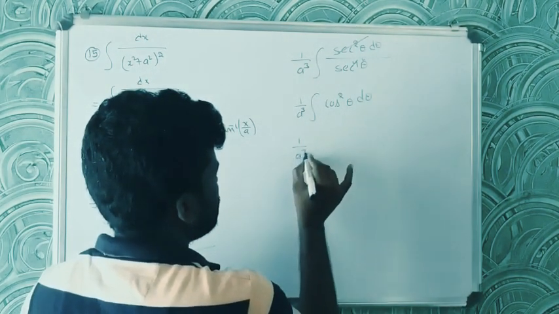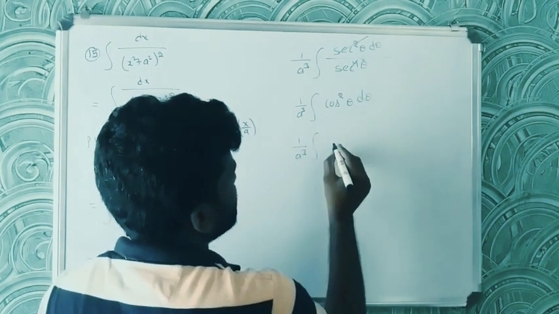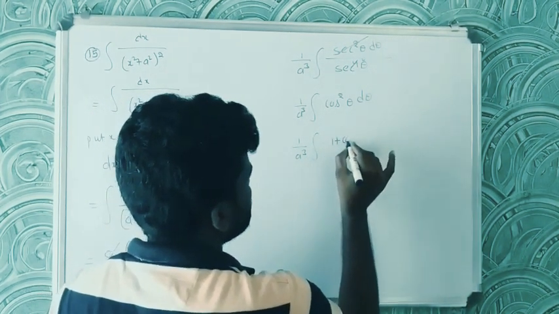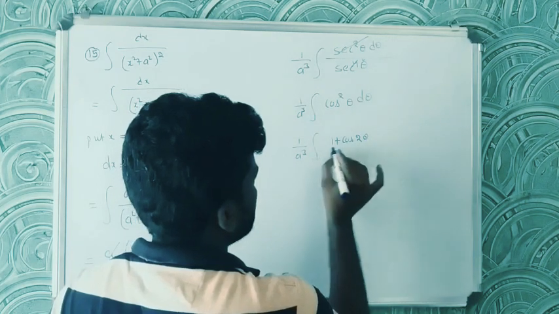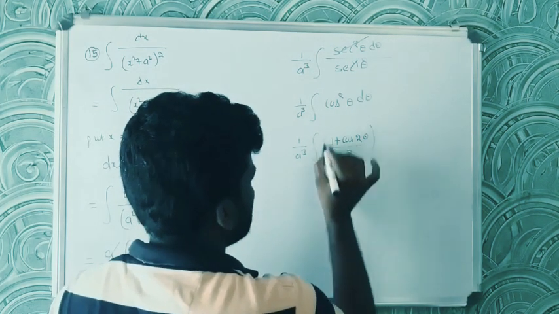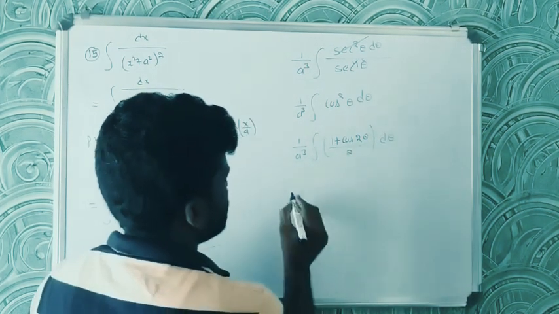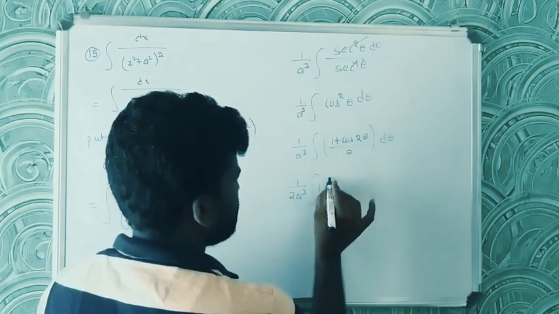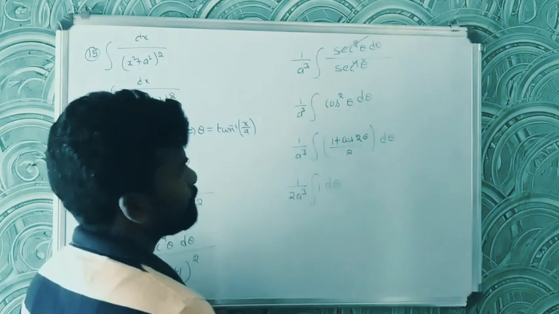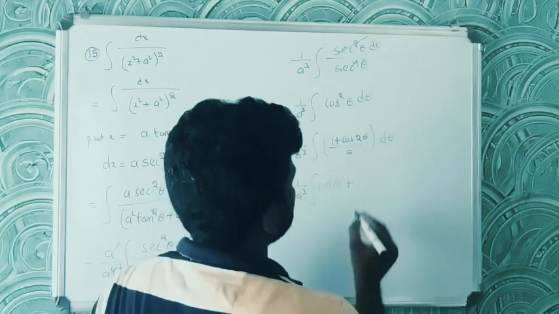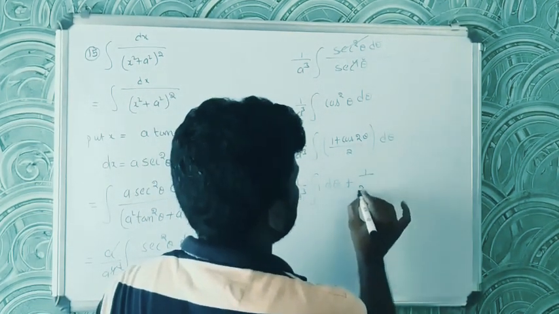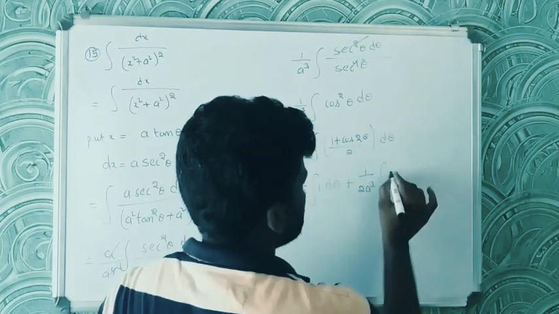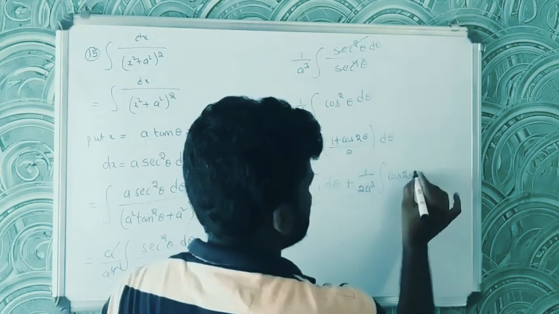1 by a cube into cos square theta, and cos square theta we write as 1 plus cos 2 theta by 2 into d theta. So 1 by 2a cube into integration of 1 d theta plus 1 by 2a cube into integration of cos 2 theta into d theta.